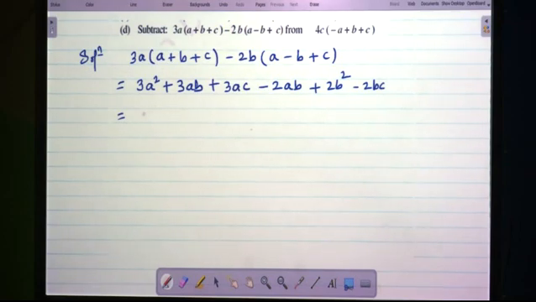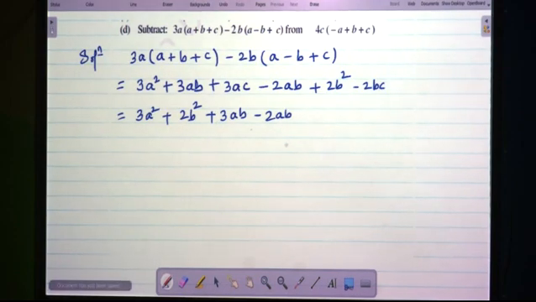Next line, 3a square. Any like term with 3a square? Not at all. Then plus 2b square, no like term with this. Plus 3ab, any like term with 3ab? Yes, we have minus 2ab, these two are like terms.